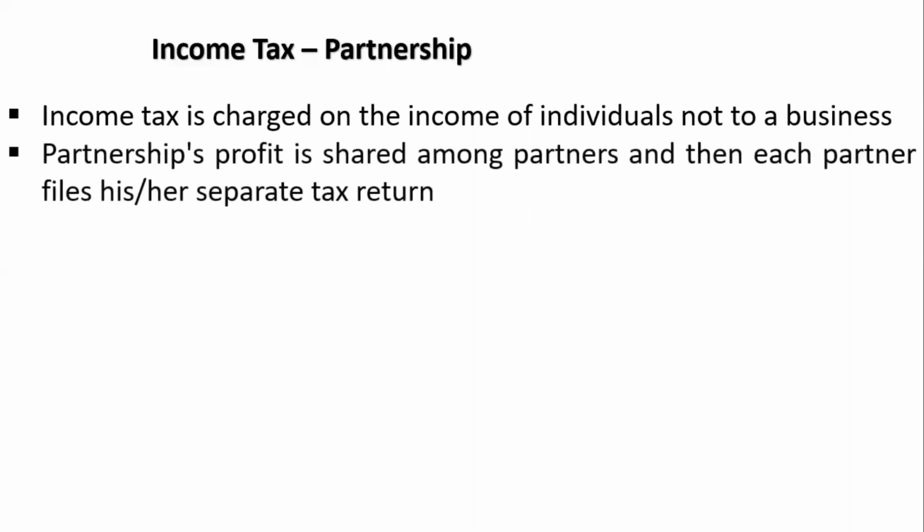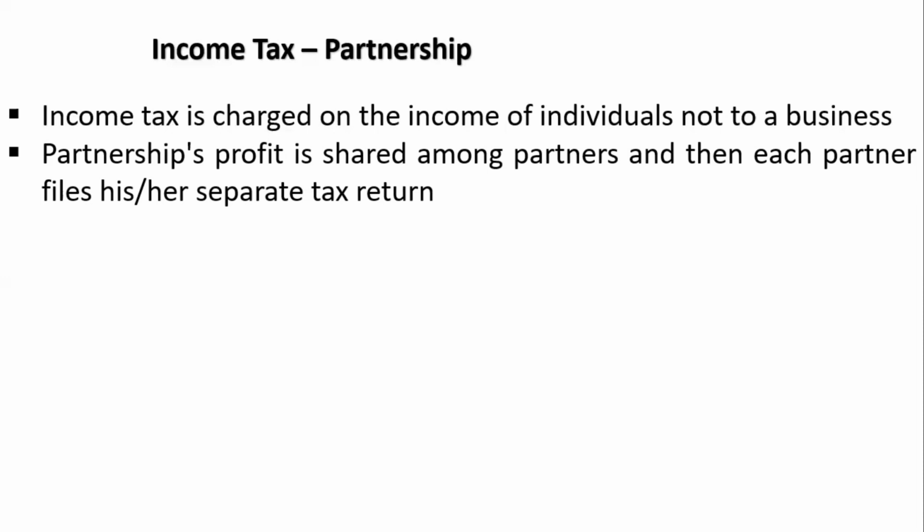Next point. Partnership profit is shared among partners, and then each partner files his or her separate tax return. So what we do in partnership, normally we calculate profit in the normal way, accounting profit.